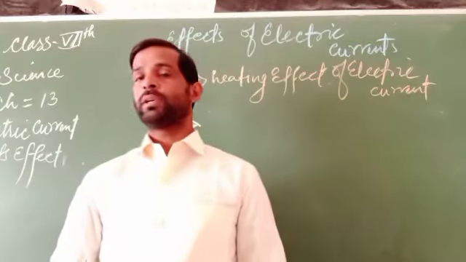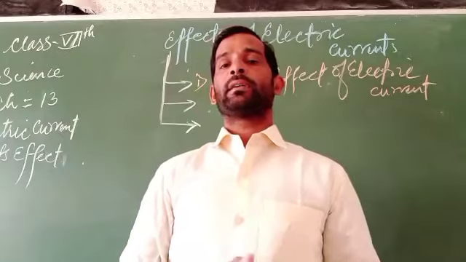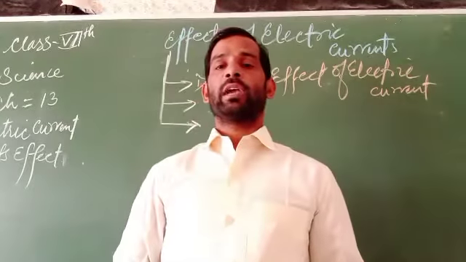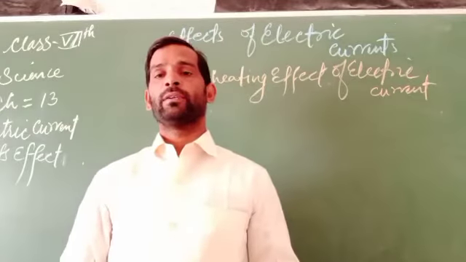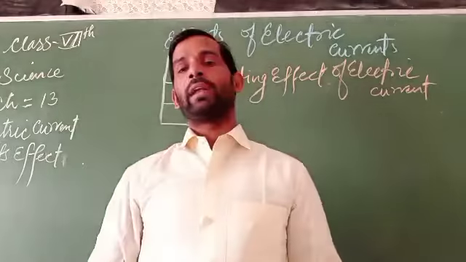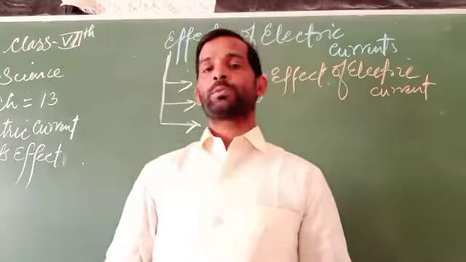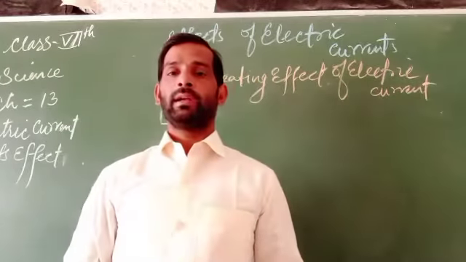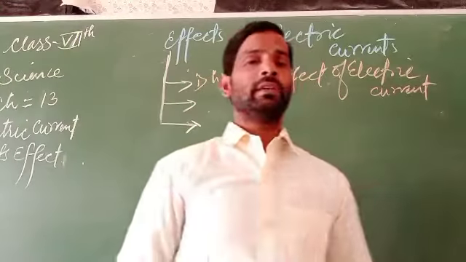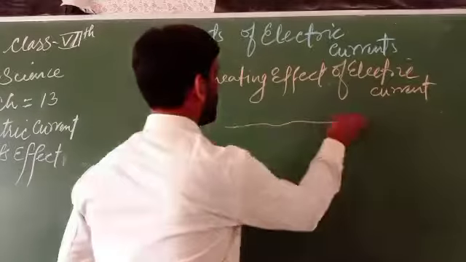Suppose something is to be measured: by measuring the electrical charge we can use either an LED, that is a light emitting diode, or the second option, a magnetic compass. With the magnetic compass we can measure whether current flows through them.